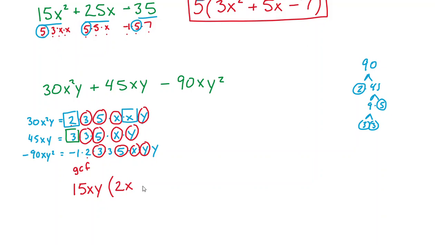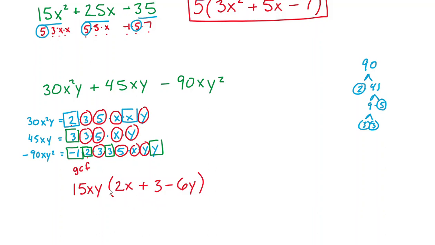So then keep the sign, it's plus 3. The last term has a negative 1, and a 2, and a 3, and a y left over. So there's a lot of factors there still. So that's negative 6y. And there it is, 2x plus 3 minus 6y is my trinomial.